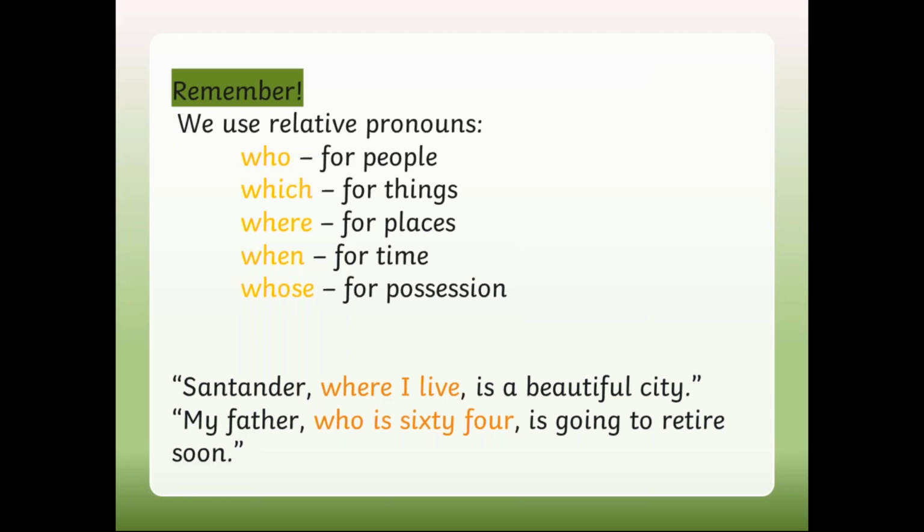My father is going to retire soon is a correct sentence, as we use who is 64 as additional information. So we use commas on both sides. So remember, when we use additional, non-essential information in the middle of a sentence, it is separated with commas.